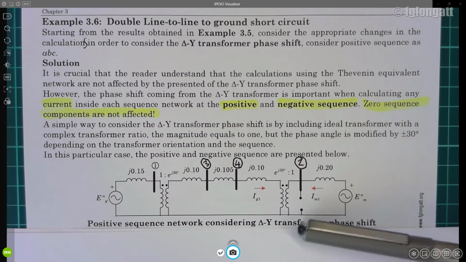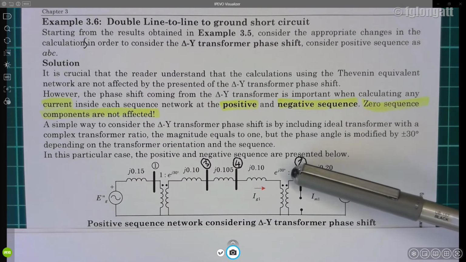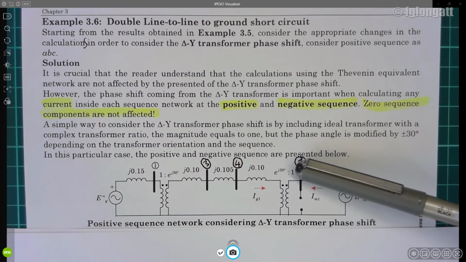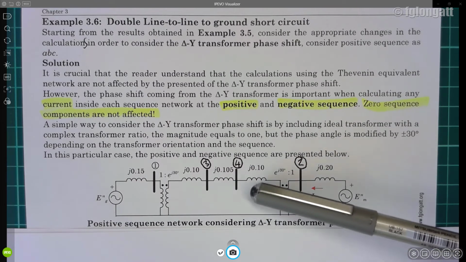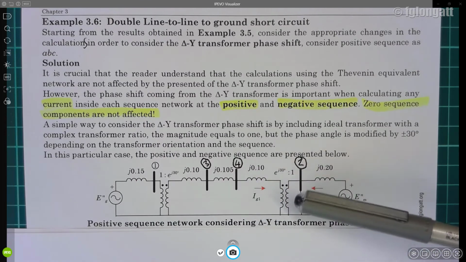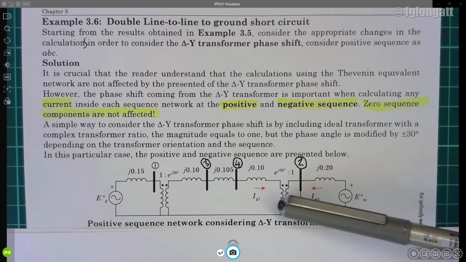Here I am including a transformer, and this transformer is not modifying magnitudes. What I'm trying to say is the magnitude of the current IG1 on this side is the same magnitude on the other side.